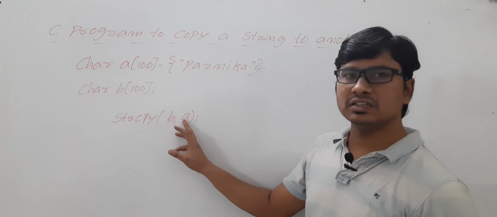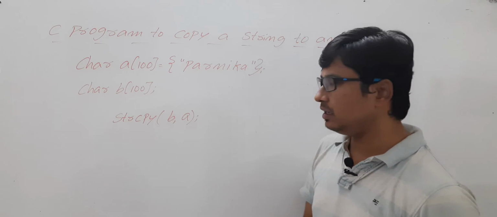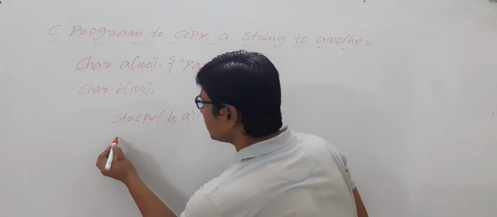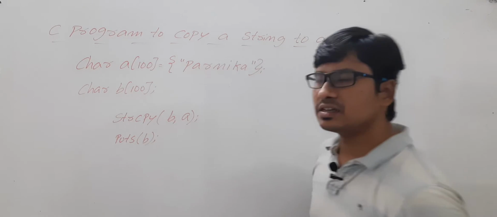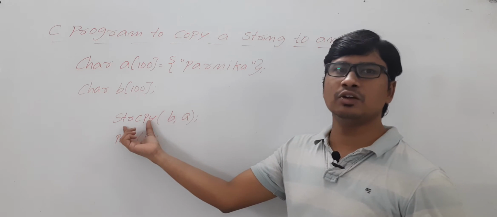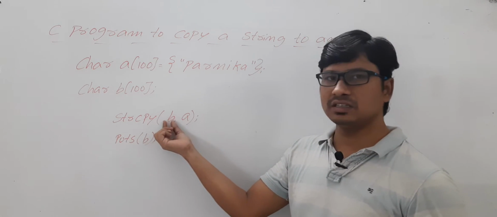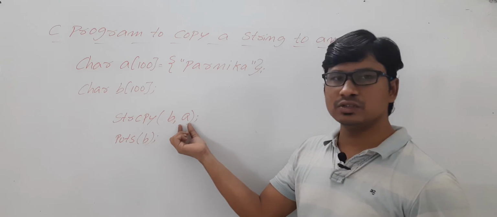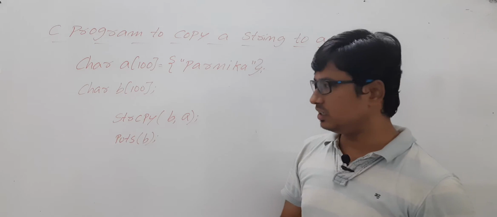So whatever the string is there in the array A will be copied into the array B. Now if you display the string which is there in the array B using puts, you will get the output as Parnika. So that is the purpose of the string copy function. It will take two parameters, one is the destination, another one is the source. Whatever the string is there in the source will be copied into the destination.